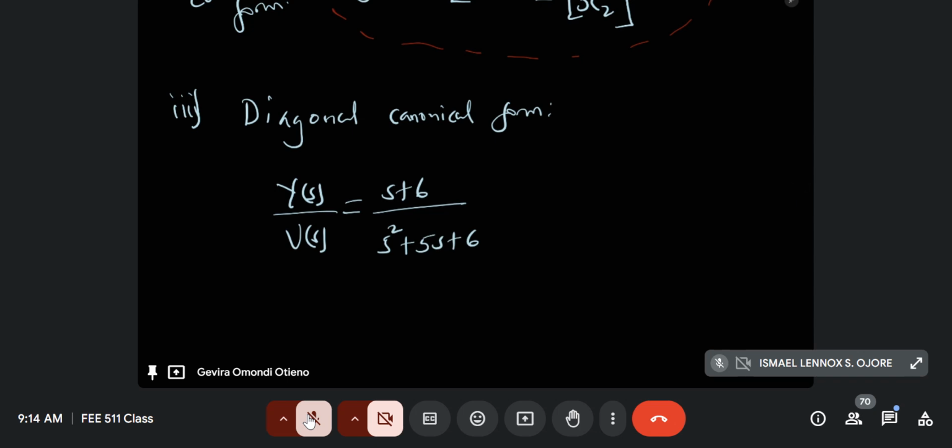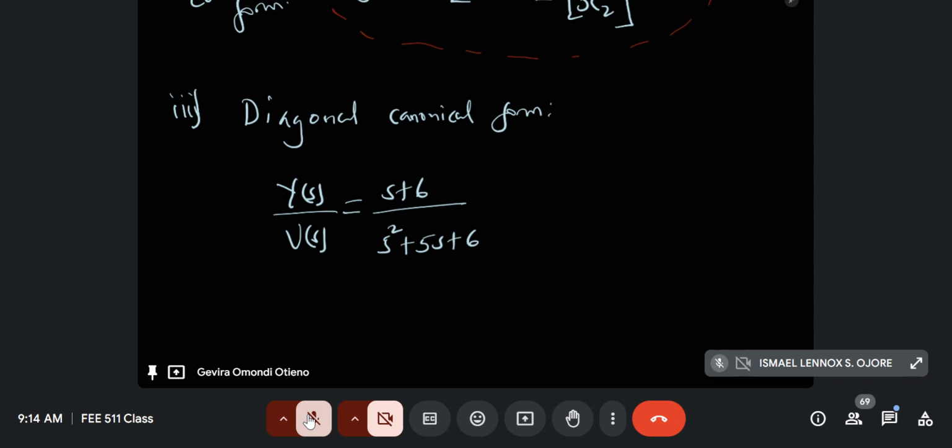From diagonal canonical form, we have to write the transfer function afresh. Y of s over u of s should be equal to s plus 6 over s squared plus 5s plus 6. What do we do next? We have to factorize the denominator, meaning it's like we want to obtain the poles.